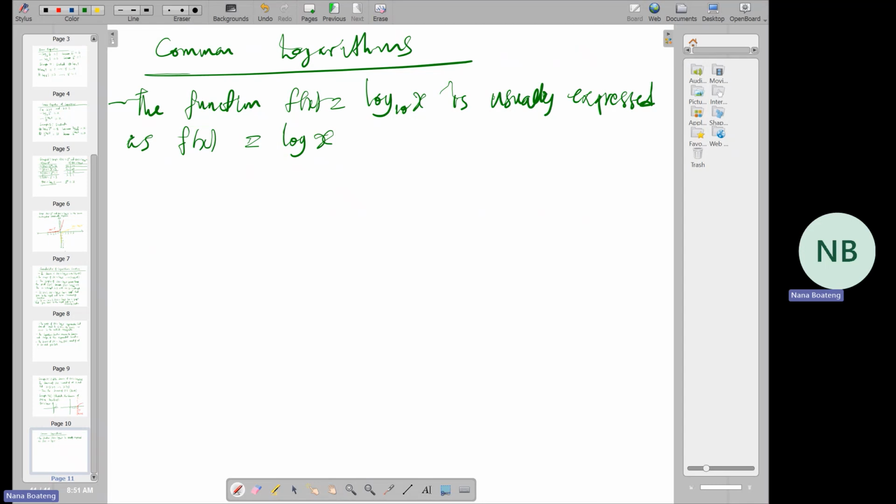So whenever we see a log without a base, we should assume that it's a common logarithm, which means it is to base 10.